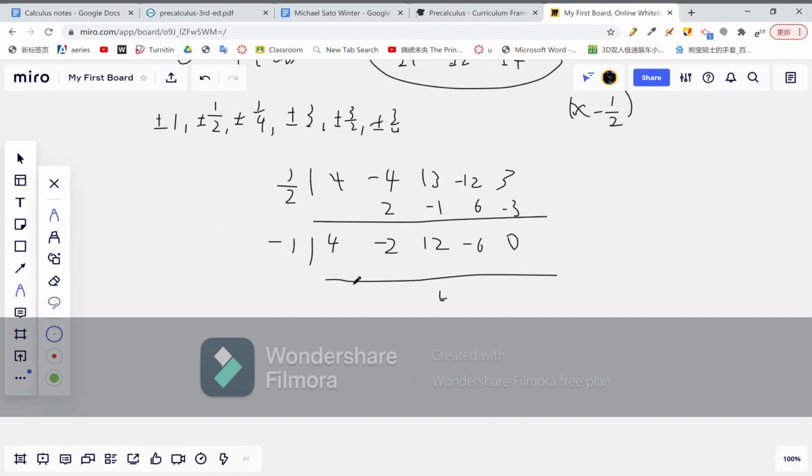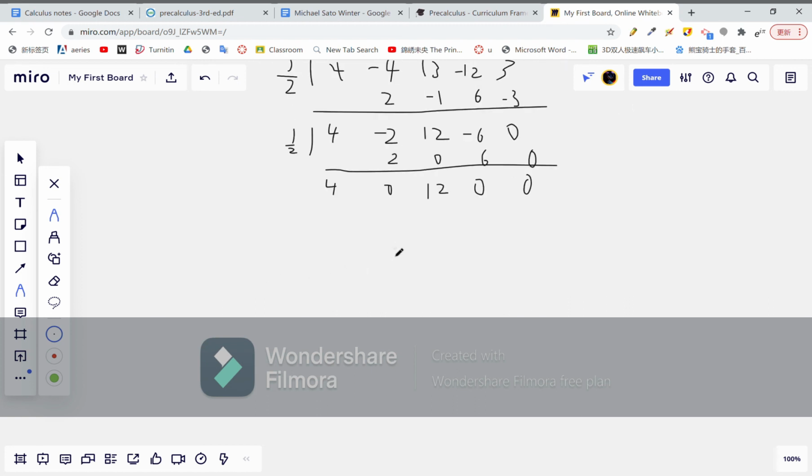We get 4, negative 4, negative 6, 18, it's not going to work. So the choice left is 1/2 again. Let's try 1/2: we get 4, 2, 0, 12, 6, 0. Okay, so basically this works.